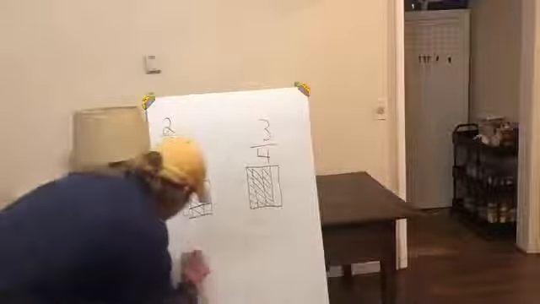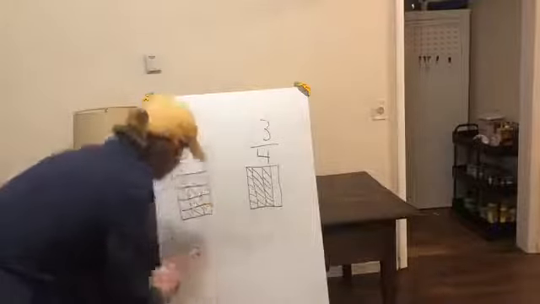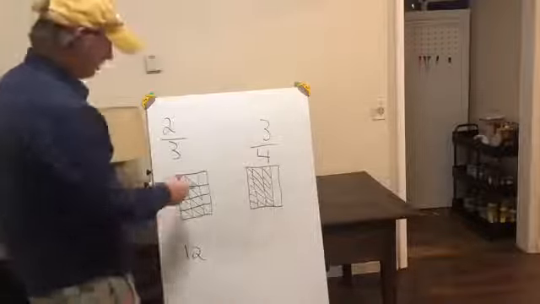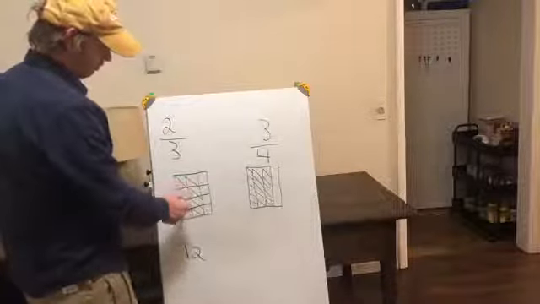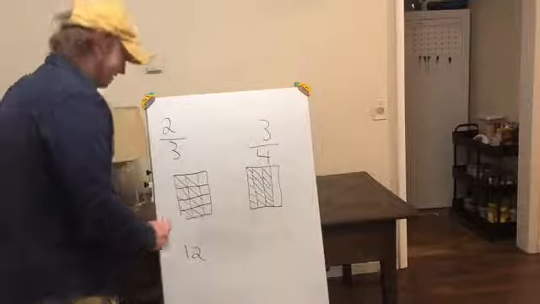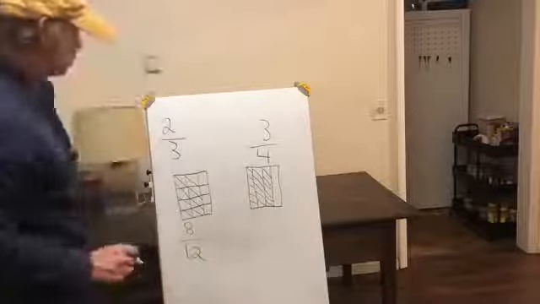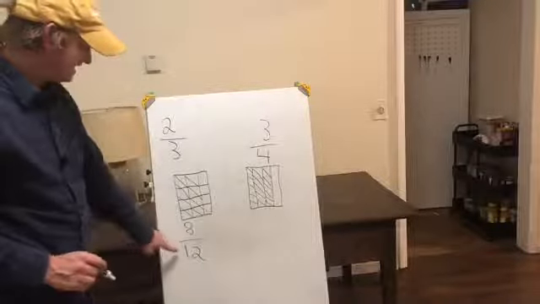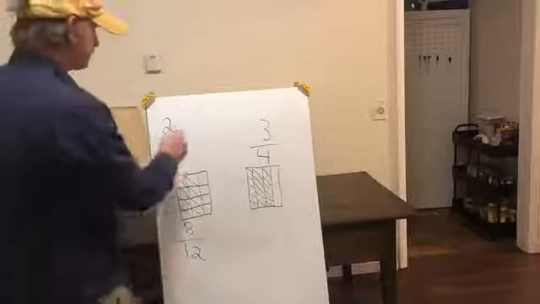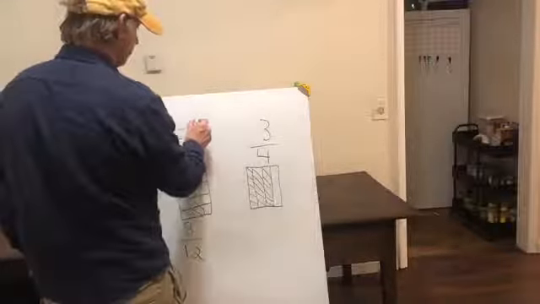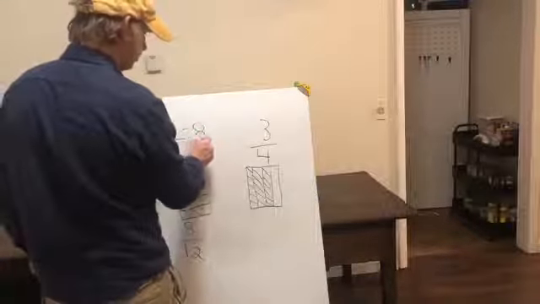We have 12. And what we have shaded in is 1, 2, 3, 4, 5, 6, 7, 8. So we know that 2/3 is equal to 8/12.